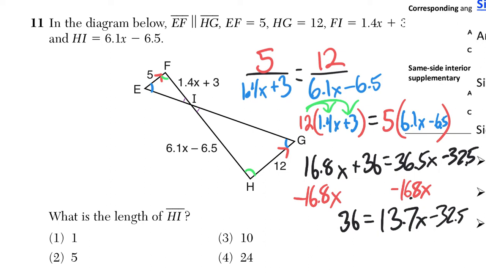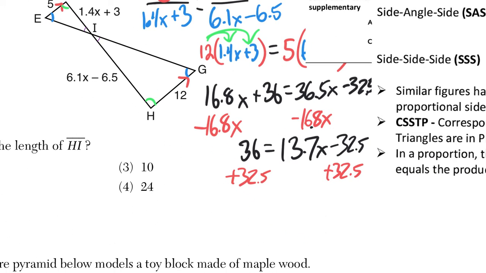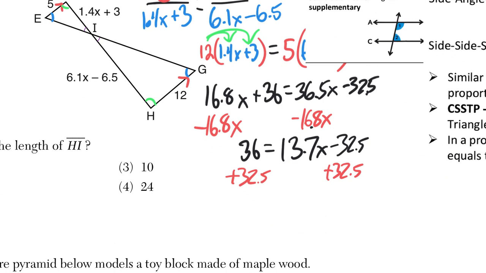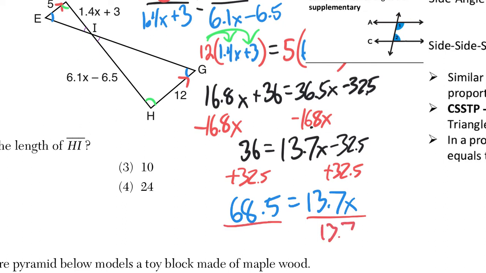So now let's add 32.5 to both sides. There's a lot going on here, right? Let's shift this over. And when we do that, that's going to give us 68.5 equals 13.7x. We want to isolate x. To do that, we're going to divide both sides by 13.7. And so x is what?